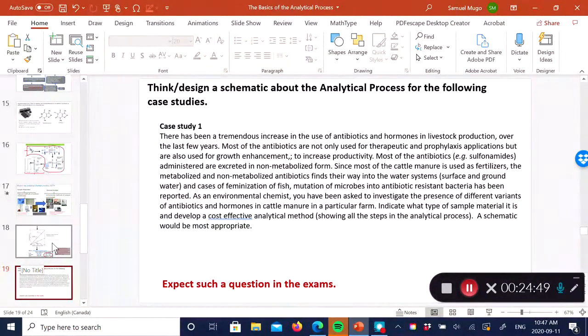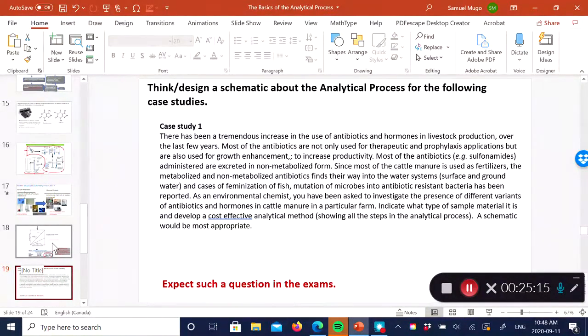If it is a heterogeneous sample, what do you do? What do you do as far as sample preparation is concerned? What's the right instrumentation to use, and how do you deduce the right type of data to report to the client that you're serving?